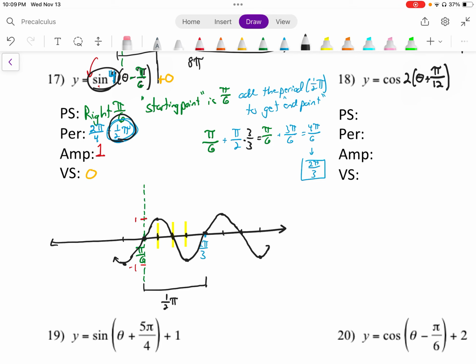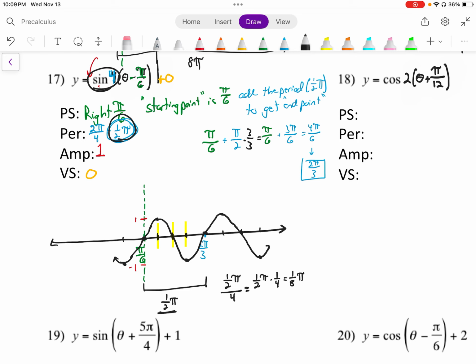But if we divide 1/2 pi into 4 equal parts, we want to take 1/2 pi divided by 4, well, we know division is the same as multiplying by the reciprocal, so multiplied by 1/4. So each one of these is 1/8 pi.